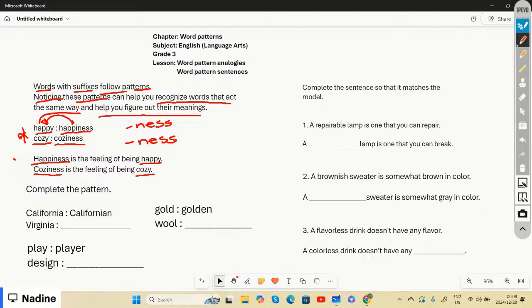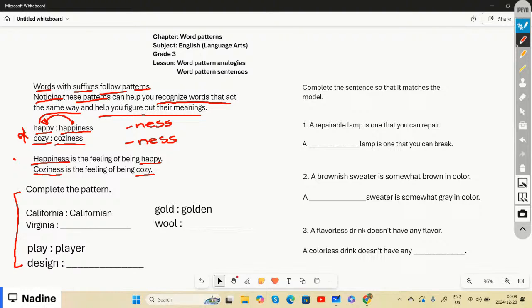And we're going to look at a few examples of those words, then we will complete the patterns, as well as complete the sentences that match the models. Here's a little activity.